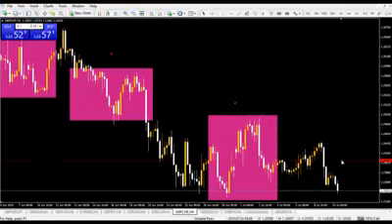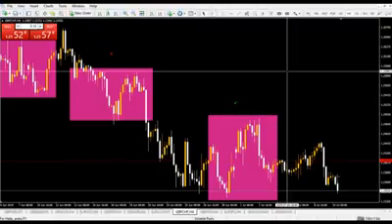So if we just go backwards here, we're looking at 1, 2 bullish, 1, 2 bearish, we would have been in this trade.